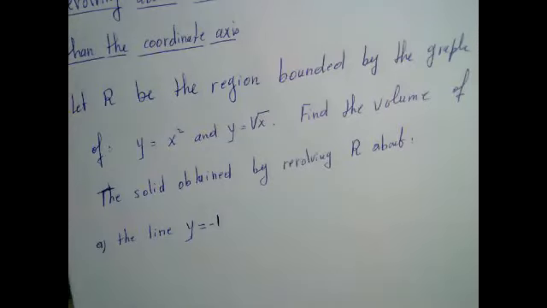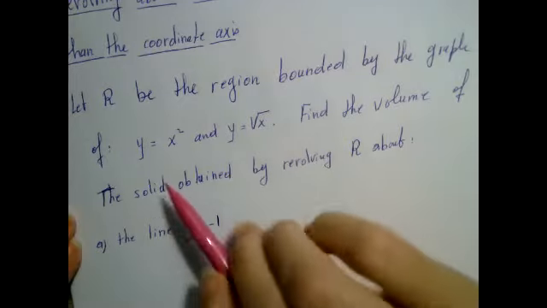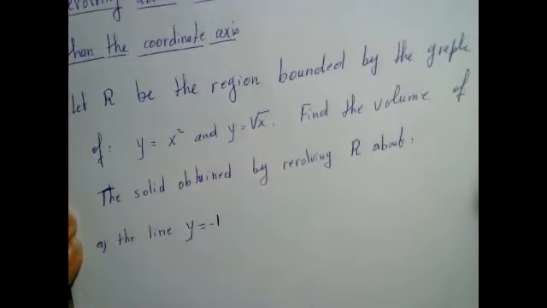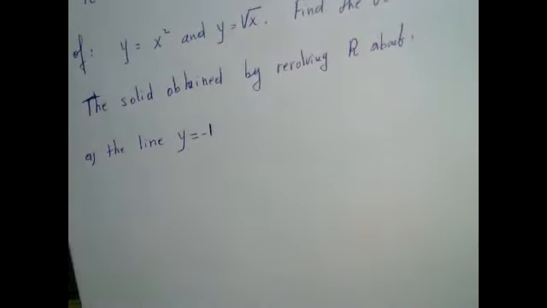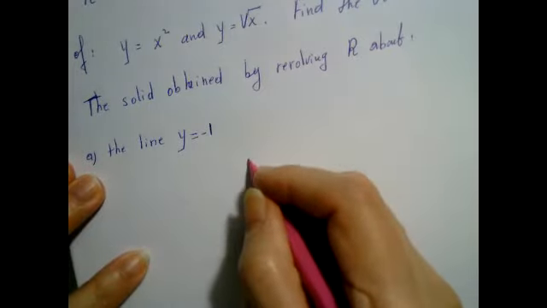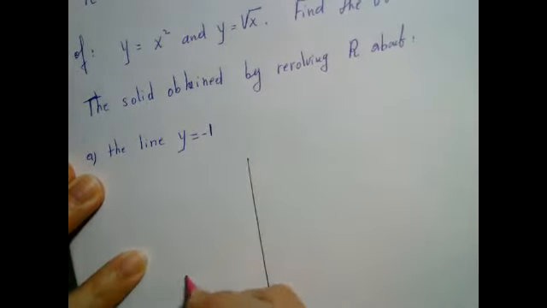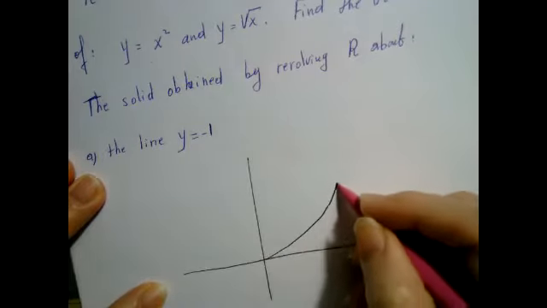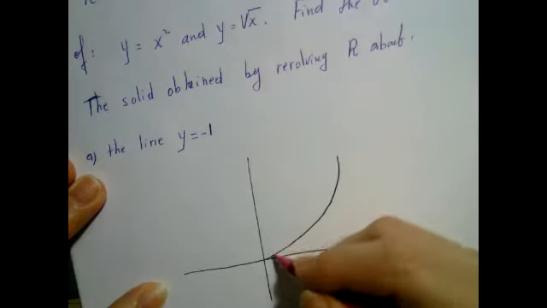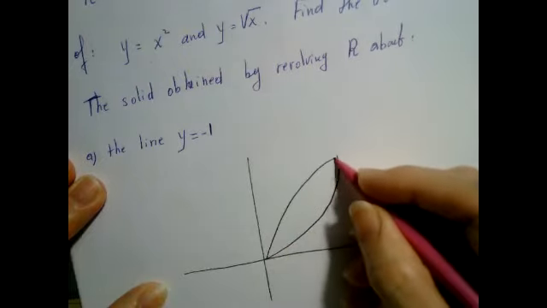Regardless of which problem we're doing, we sketch. Without sketching, I don't know what to do. The region bounded by y equals x squared and y equals square root of x is a simple region, so I'm going to sketch it just to have an idea. y equals x squared is this parabola. y equals root x is this graph up here.